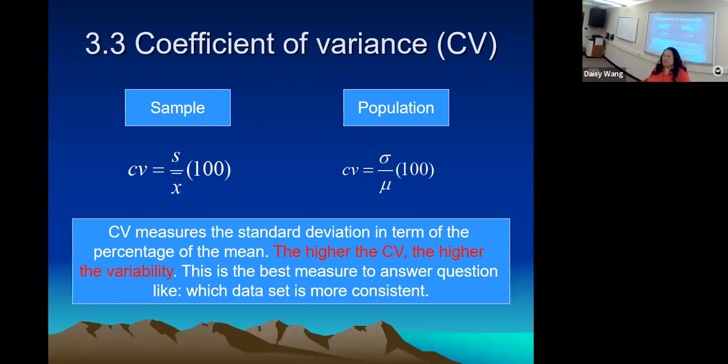Let's say weekly income. Somebody might make $1,000, somebody 2,000, maybe 3,000, like that. So the average will be, let's say, $1,000 a week.